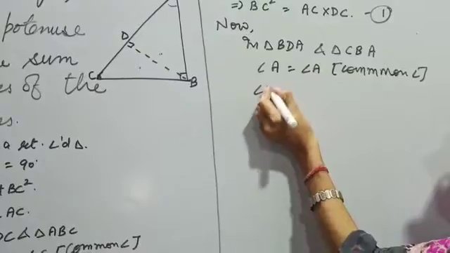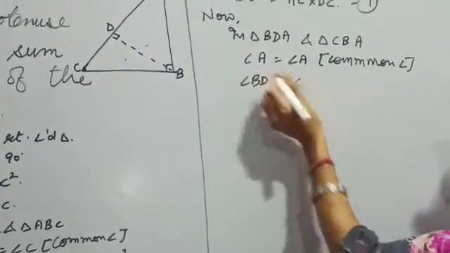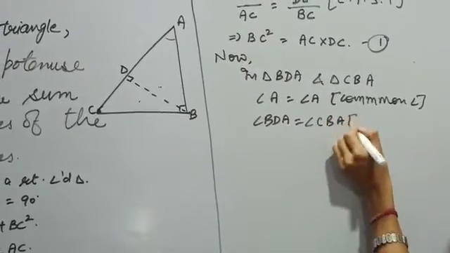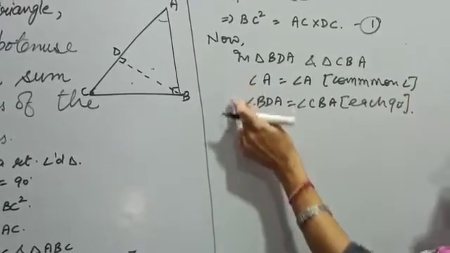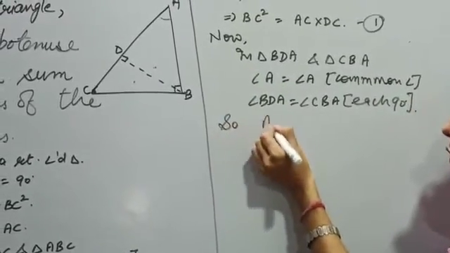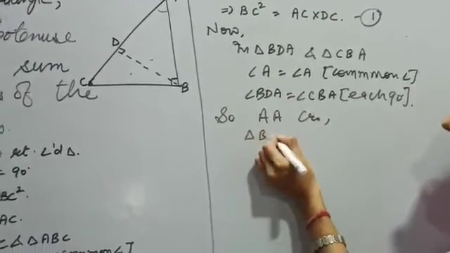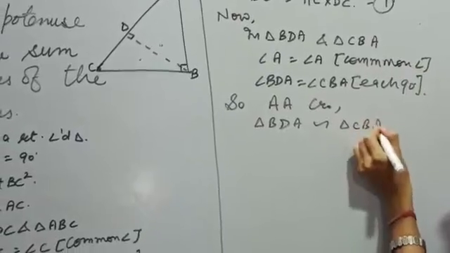And then angle BDA is equal to angle CBA, each is 90 degrees. Okay, so again by the angle criteria we can say triangle BDA is similar to triangle CBA.